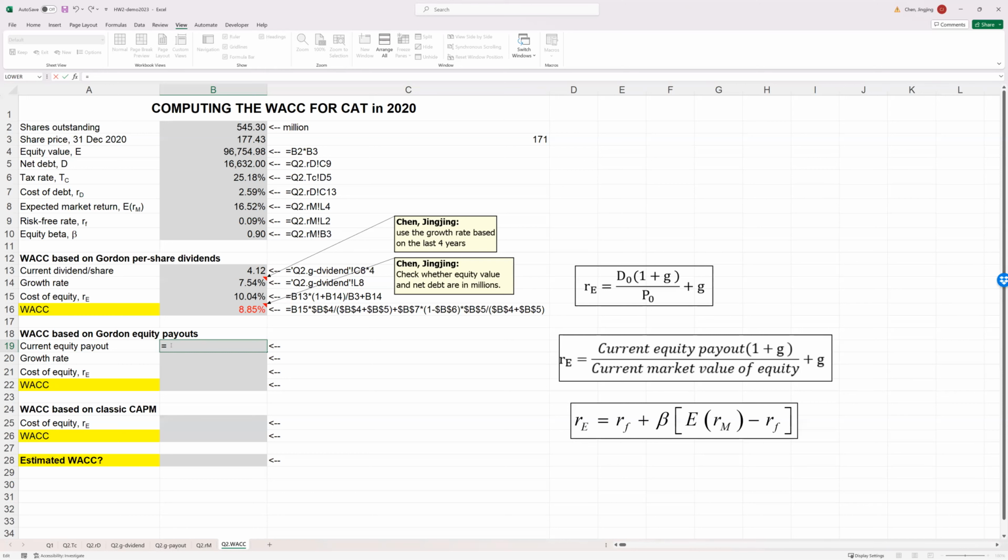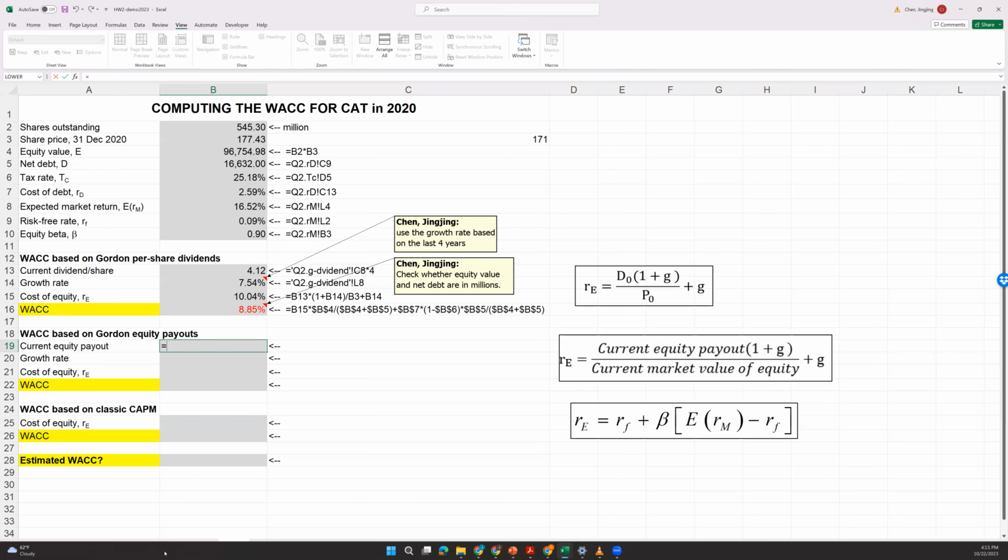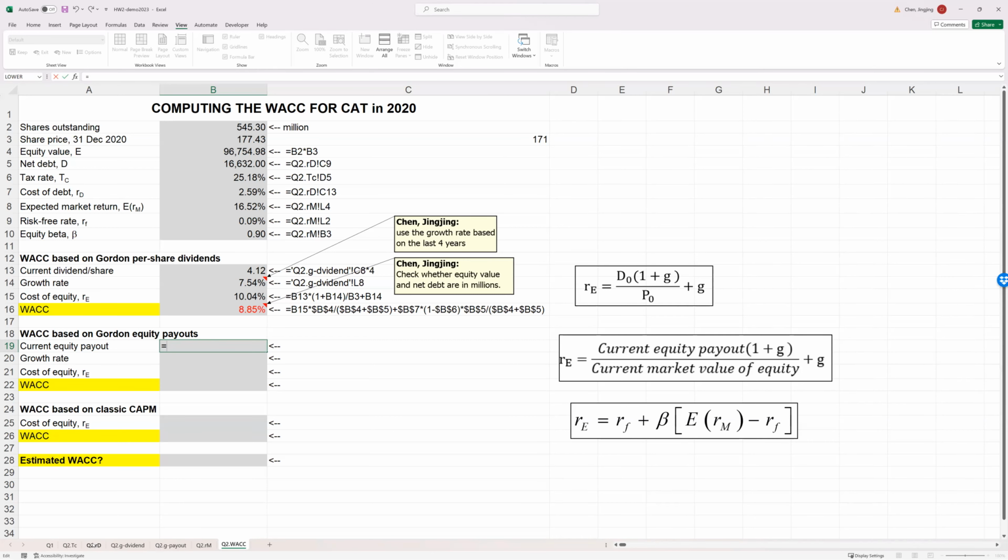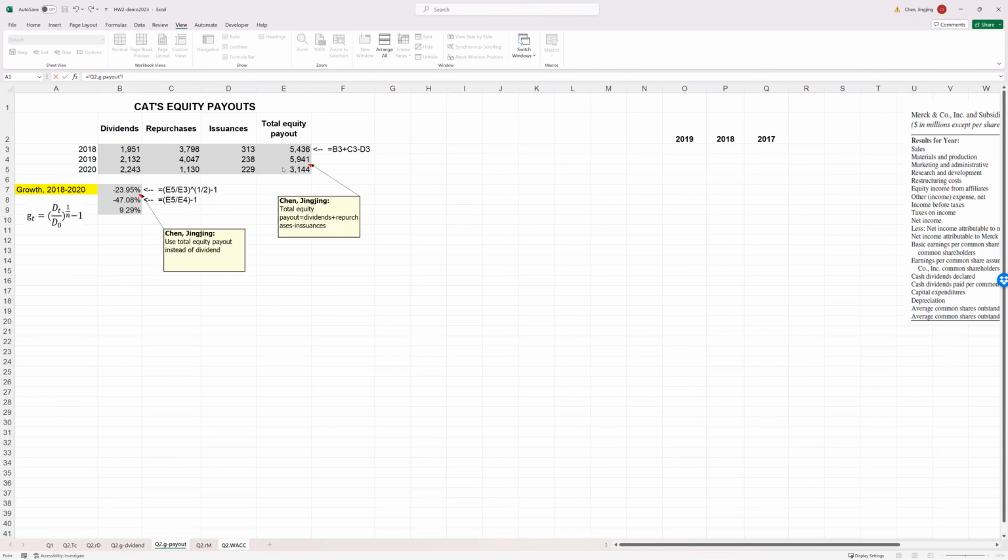In that way, we can also use the Gordon constant growth model. We can simply measure the total equity payout, which is data available from our previous calculation here, using the most recent total equity payout.